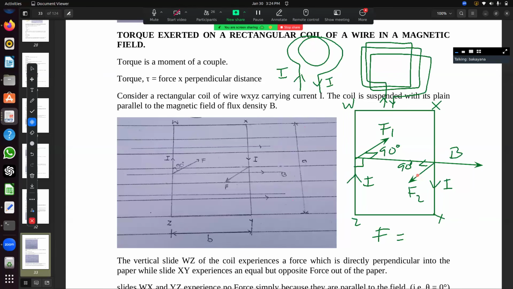Of course, we know the force is given as B times I times L. At every point, the current and the field are at 90 degrees, so we don't need the sine theta part because sine of 90 is 1. But torque is that force times the perpendicular distance.